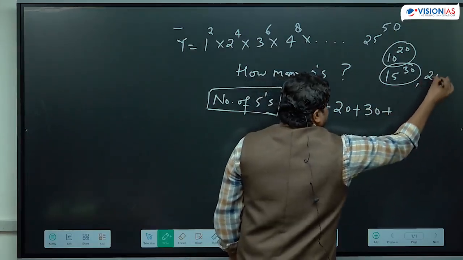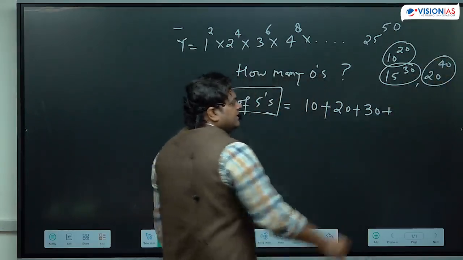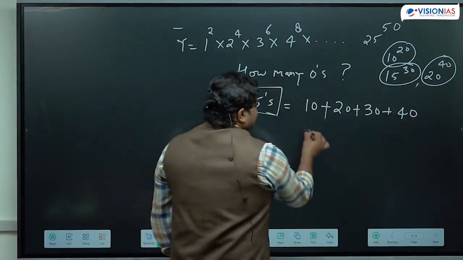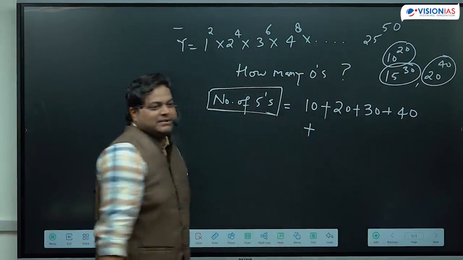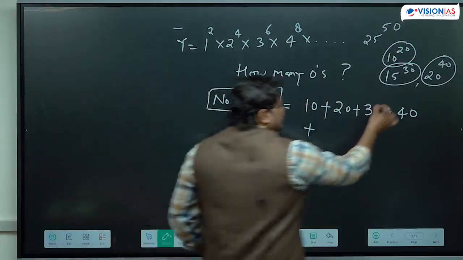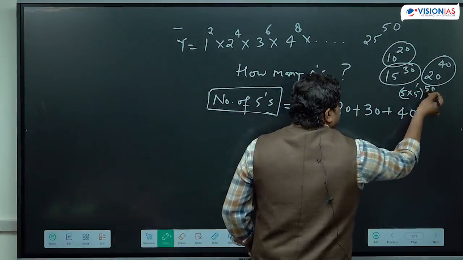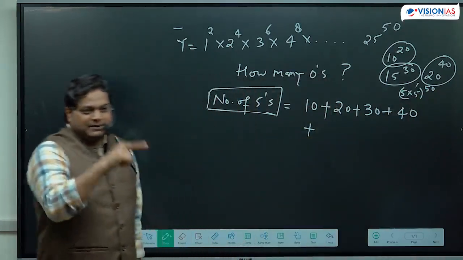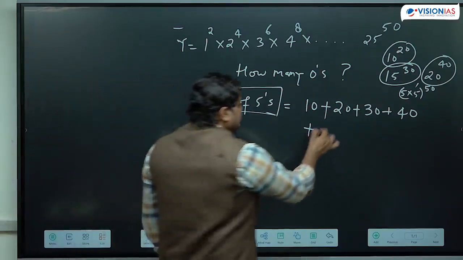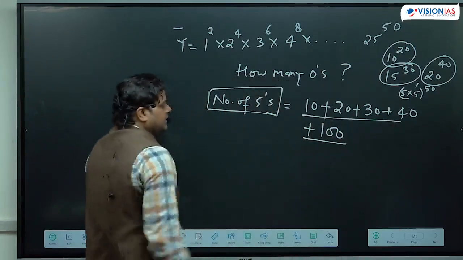Then 20 to the power 40, so how many will come? 40 5's, plus 25 to the power 50. How many 5's? 25 we can write as 5 into 5, to the power 50. So 5 to the power 2 to the power 50, that means 5 is coming 100 times. 100 times. Then what will be the answer? 200.